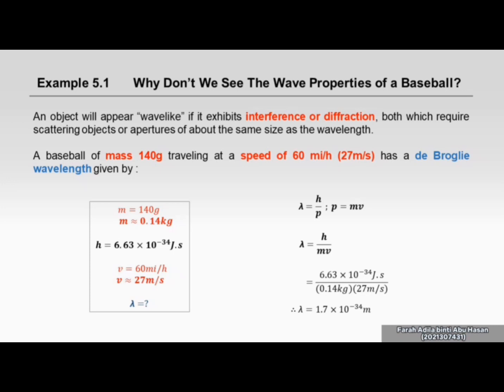We insert the values that we already listed and we get the final answer. The de Broglie wavelength is equal to 1.7 times 10 to the power of negative 34 meter. This calculation shows that the de Broglie wavelength of the baseball is extremely small. Consequently, even if it does exist, it cannot be seen and has no impact on how the macroscopic object, the baseball, moves.